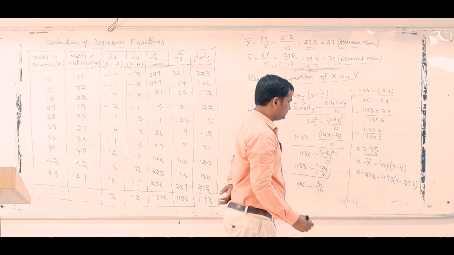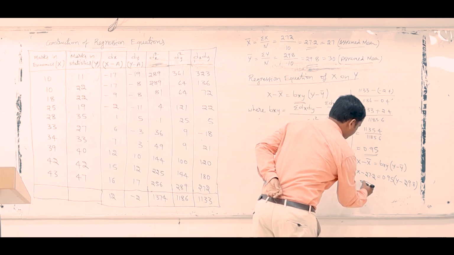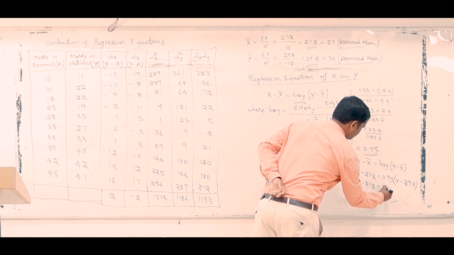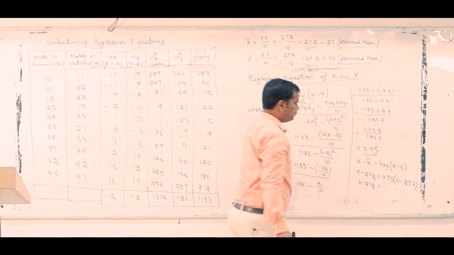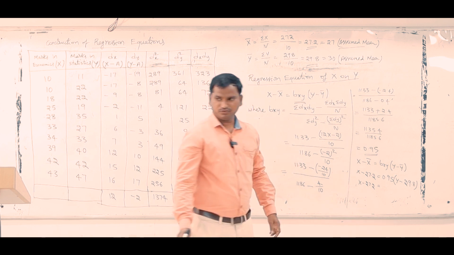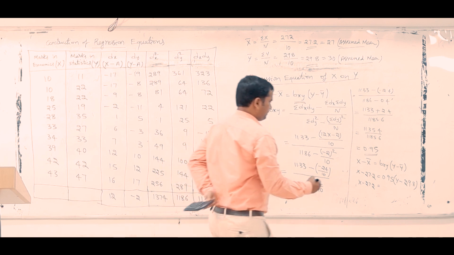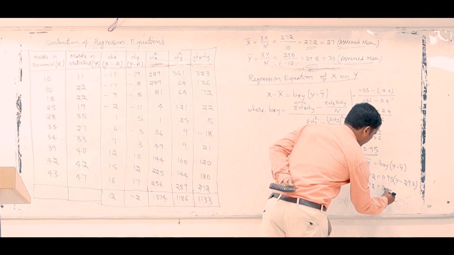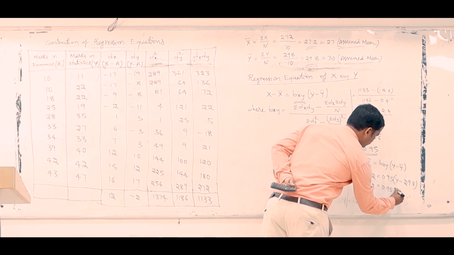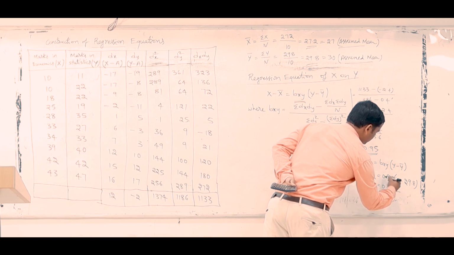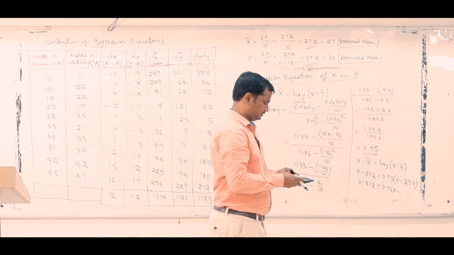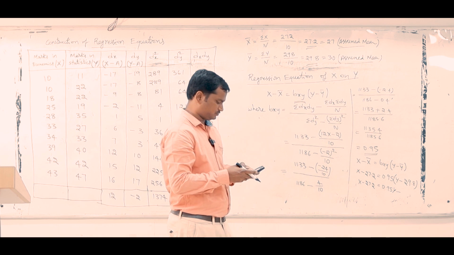29.8. So we have to expand this. So x minus 27.2, that is equal to 0.95, that will multiply both the terms there. So it will be 0.95y minus 0.95 will multiply the 29.8 also.